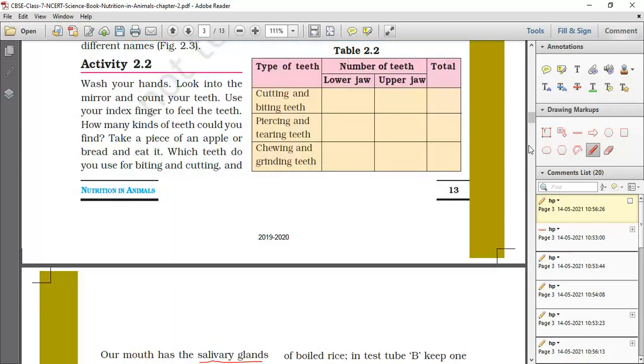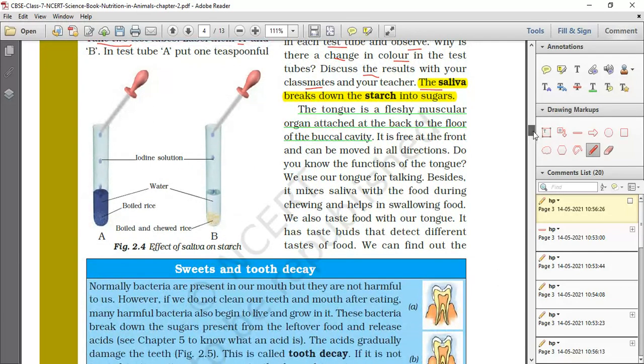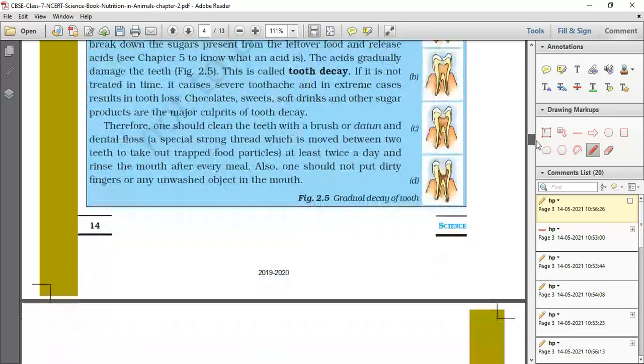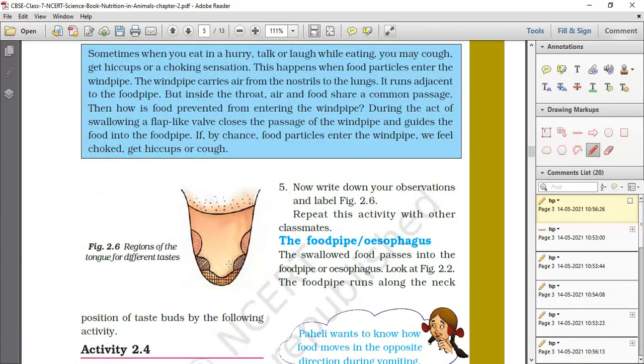So moving on. Do you know the tongue can move in all directions? This is the structure of the tongue. As you can see, there are many regions for different types of taste.